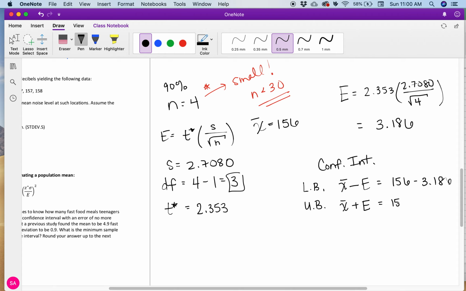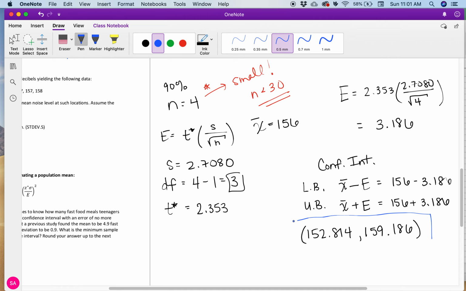That's 156 plus 3.186. So calculating those values, you should get 152.814 as your lower bound, and then 159.186 as your upper bound. And that is our confidence interval.